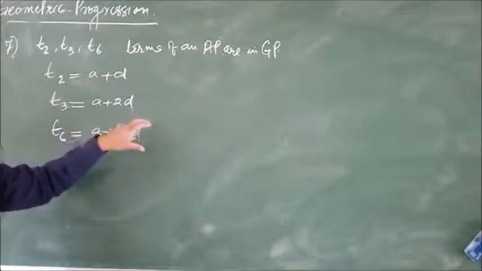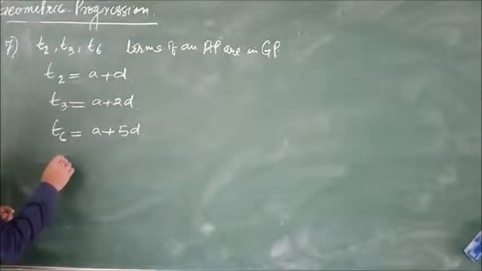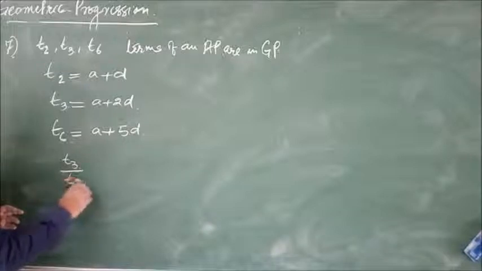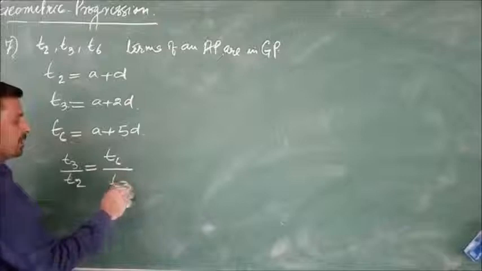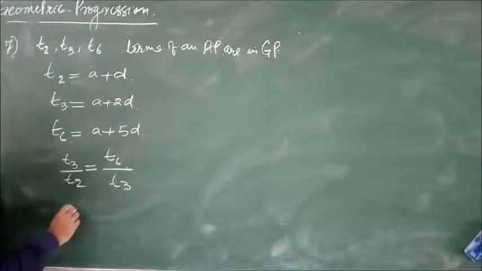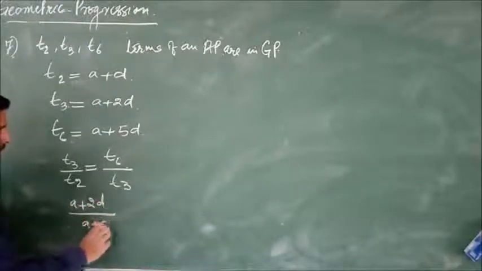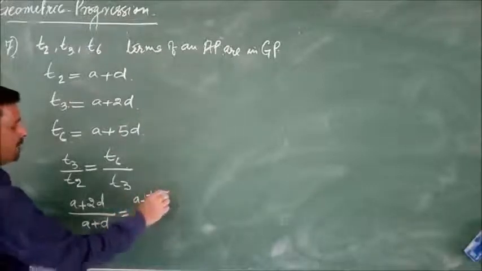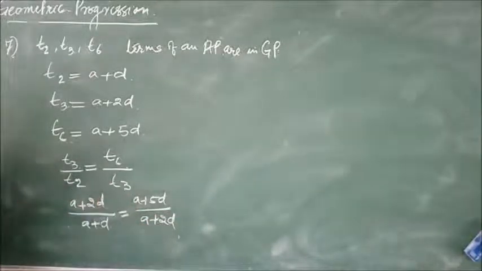We will say T3 over T2 has to be equal to T6 over T3. Put the values: A plus 2D over A plus D is equal to A plus 5D over A plus 2D. And now we can simplify.